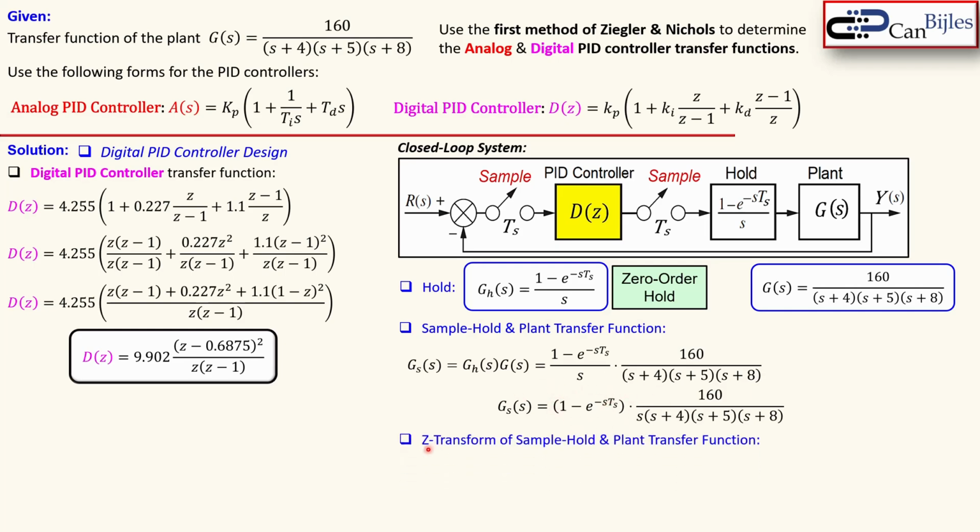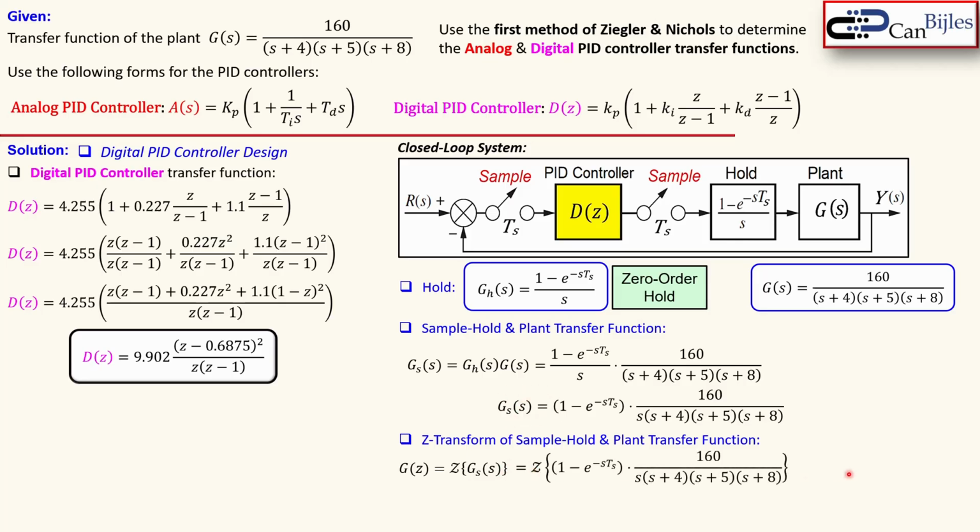Now we need to go to the Z domain, so we need to make a Z transformation of this sample, hold, and plant transfer function, what's called the G sub s. How to do that? Well, you need to make the Z transformation, so Z and then take the transform of this one.